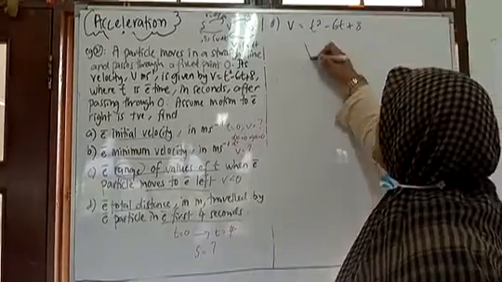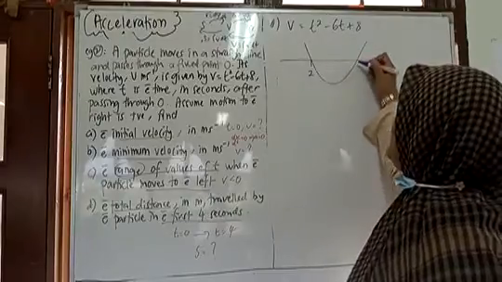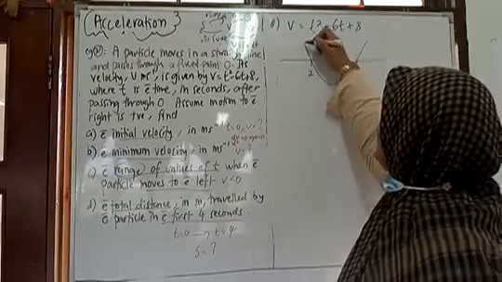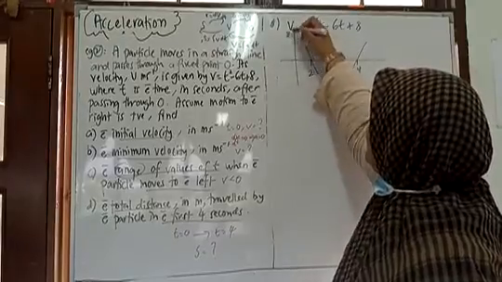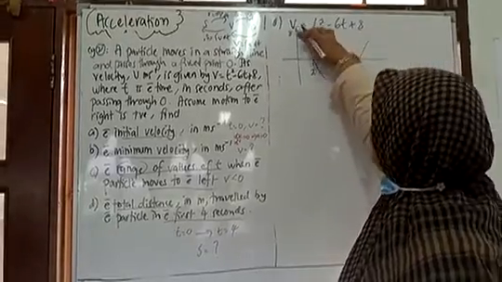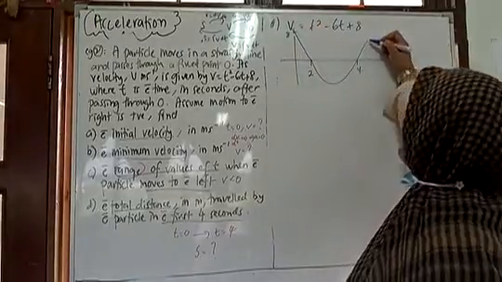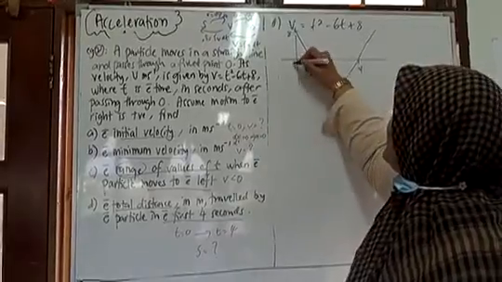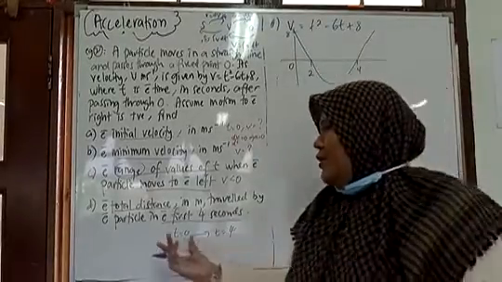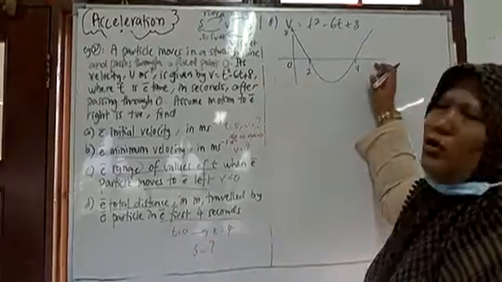So this is our graph, with our t at 2 and 4, and this is 8. This is our v. Total distance in the first 4 seconds, so from 0 to 4.